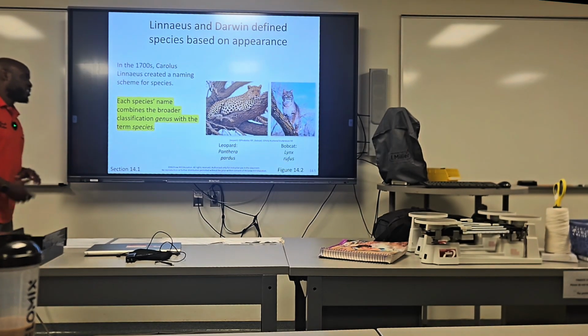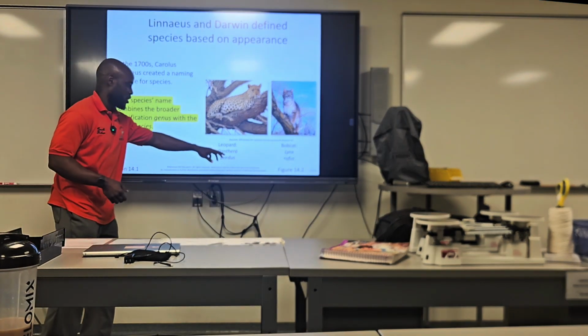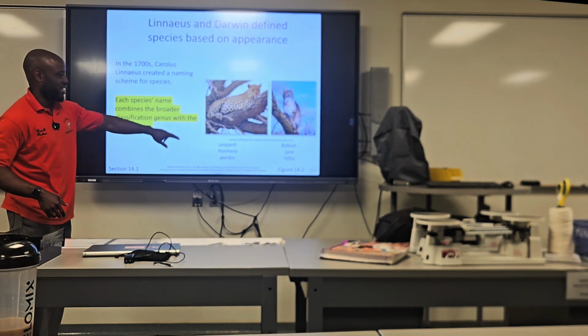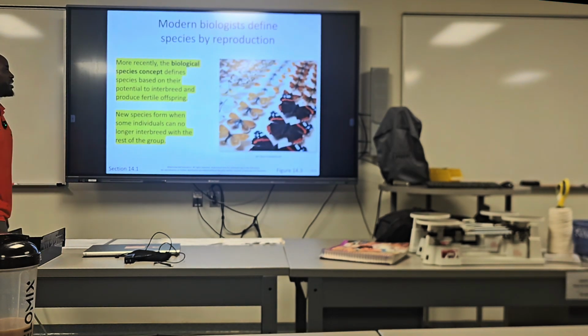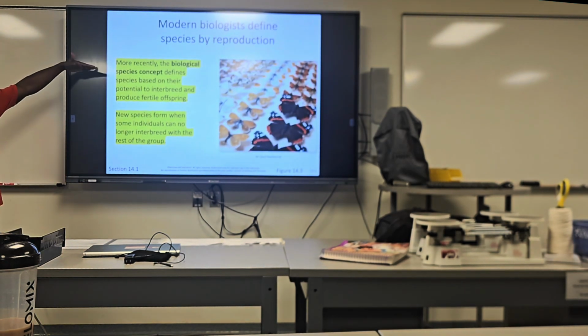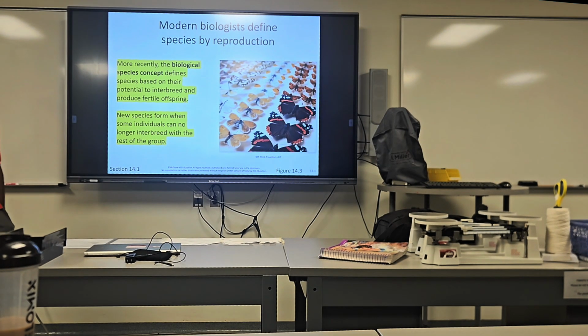All right, so each species name combines the broader classification genus with the term species. And so we're gonna see that. Leopard and bobcat look very similar, but different species. More recently, the biological species concept defines species based on their potential to interbreed and produce fertile offspring, right?